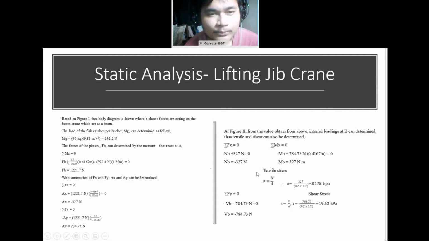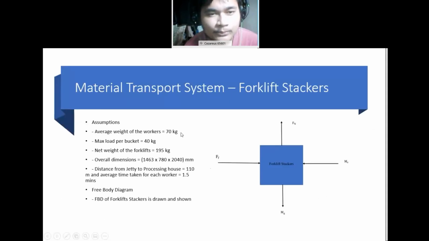And from all the values obtained, we can find the tensile stress and the shear stress acting on the boom crane. So this is the value of the tensile stress, and this is the shear stress.